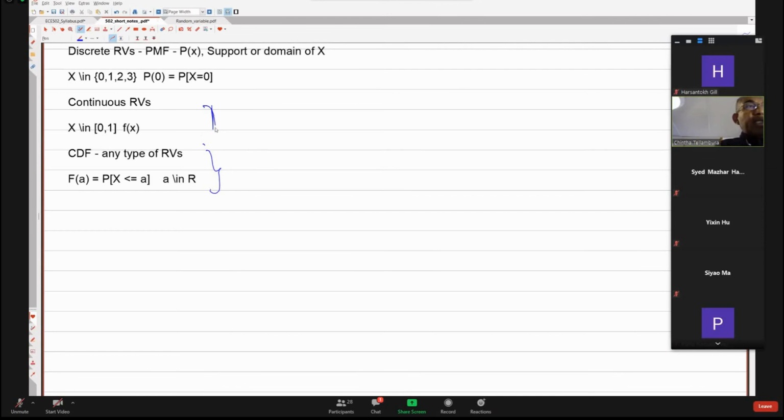So this is the relationship between the PDF and the CDF. So F of A, my CDF, had some argument A. It's simply, what you do is the following.